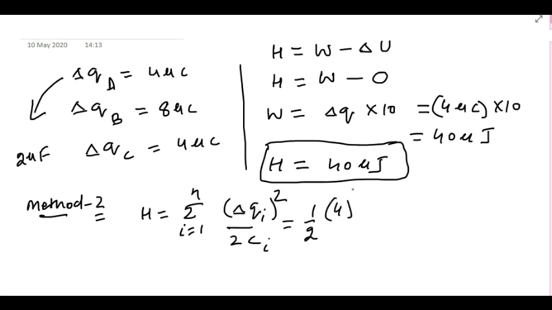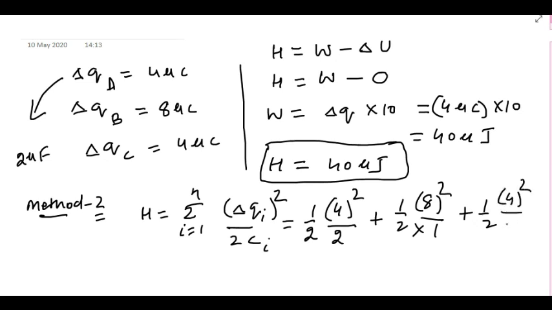So 4 square; I am not taking this micro, one will cancel out with the capacitor and the other will be left, so this is micro square, you can write it later on. So this capacitance was 2, plus the other was 1 by 2, 8 square upon 1, plus 1 by 2. What is the change associated with the third capacitor? That is again 4 square divided by 2.